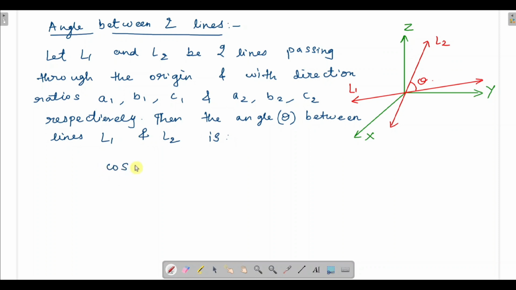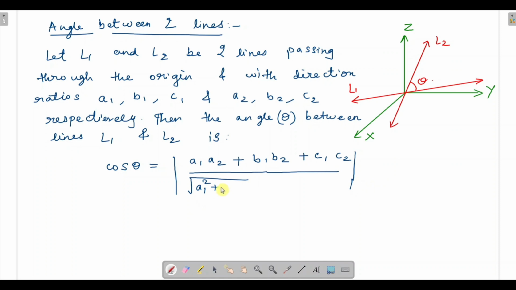Okay, so cos theta equal to modulus of A1 A2 plus B1 B2 plus C1 C2, then divided by root of A1 square plus B1 square plus C1 square into root of A2 square plus B2 square plus C2 square.